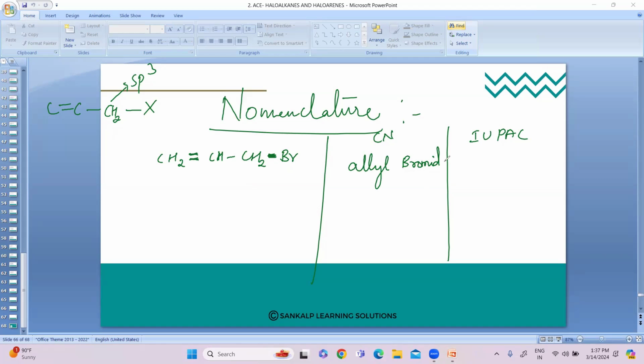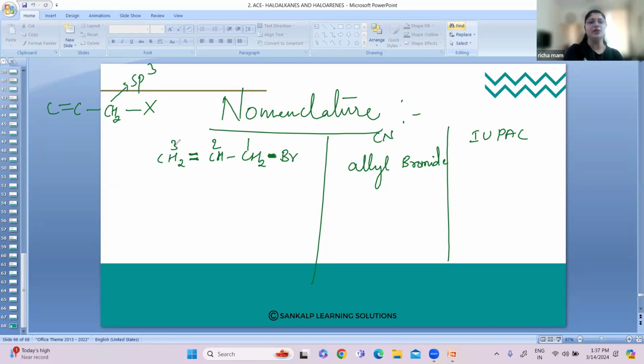What is the IUPAC name? Now you have to apply the IUPAC name. The halo substituent comes first, followed by the alkane name. Let me number the system: 1, 2, and 3.